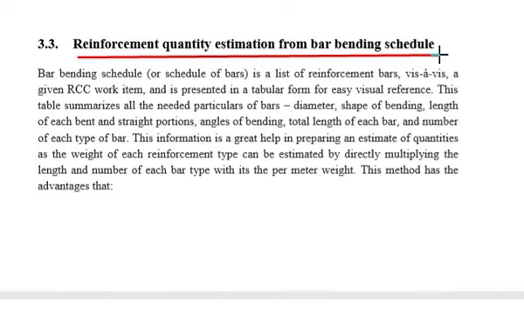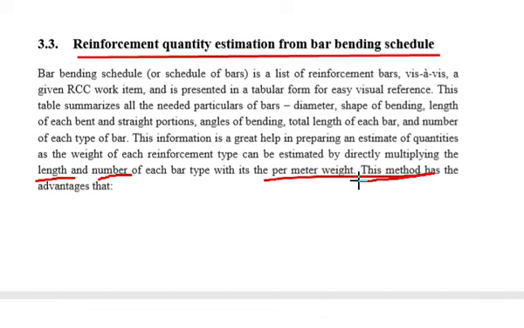This information is a great help for preparing an estimate of quantities, as the weight of each reinforcement type can be estimated by directly multiplying the quantities, such as length and the number of each bar, by their per meter weight. So we will get the exact calculation. See over here, what we calculate is, number one, length; number two, unit, that is number; how much quantity; and rate per meter.